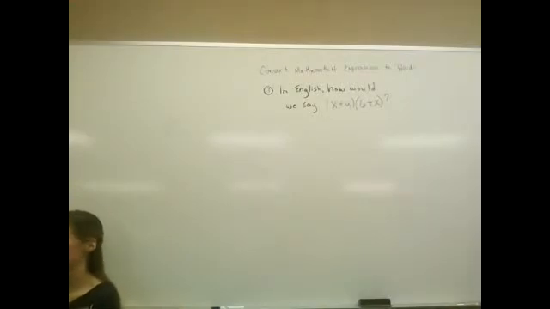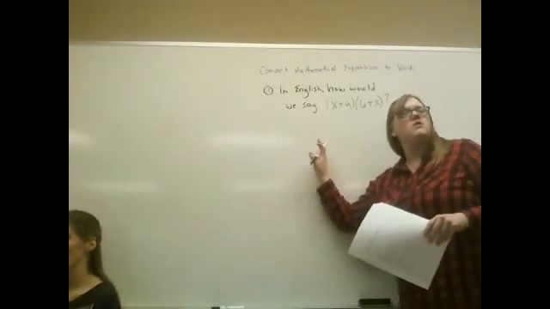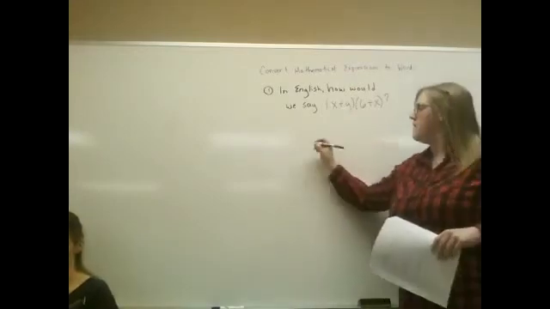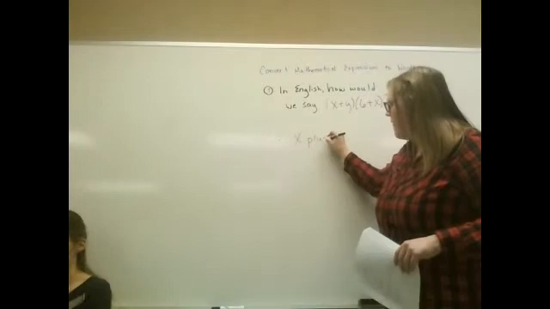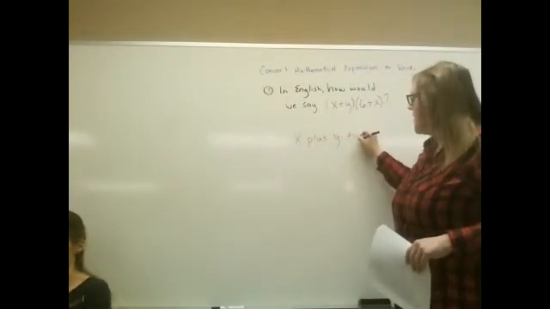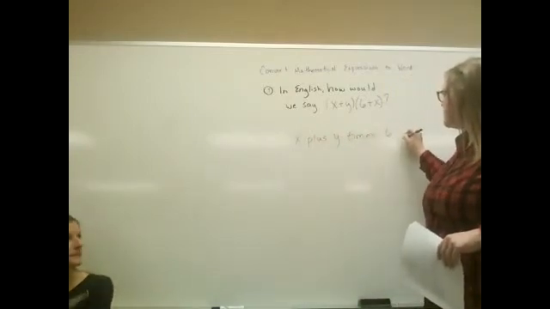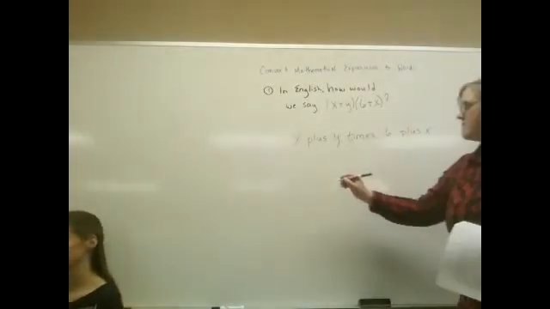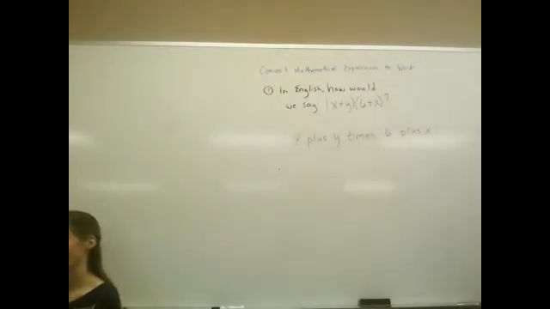All right, okay, Summer, let's start with you. Tell me how you wrote this in English. So x plus y times 6 plus x. All right, Lisa, did you have an alternative way to write it in English?